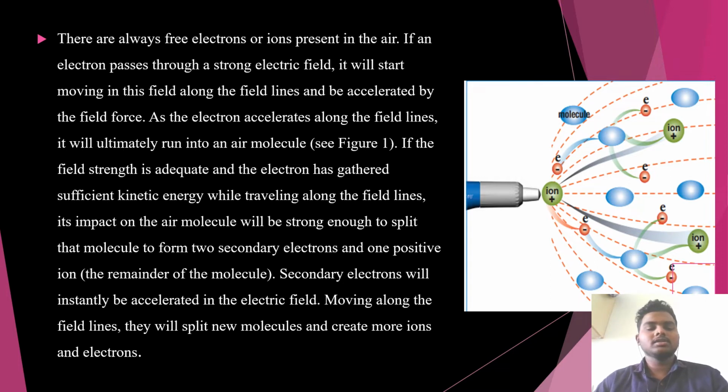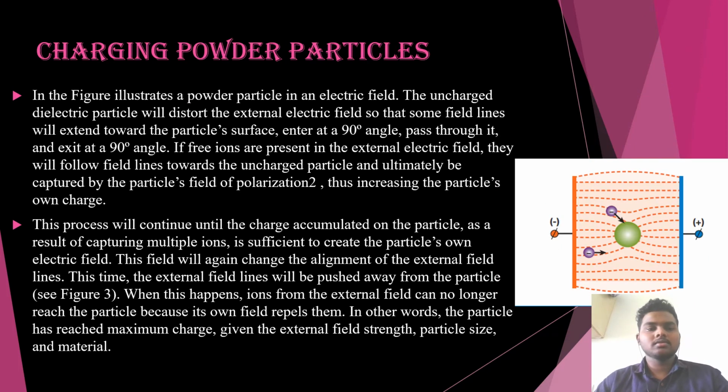If the field strength is sufficient and the electron has gathered sufficient kinetic energy while traveling along the field lines, its impact on the air molecules will be strong enough to split those molecules to form two secondary electrons and one positive ion. The secondary electrons will instantaneously be accelerated in the electric field. Moving along the field lines, they will split new molecules and create more ions and electrons.